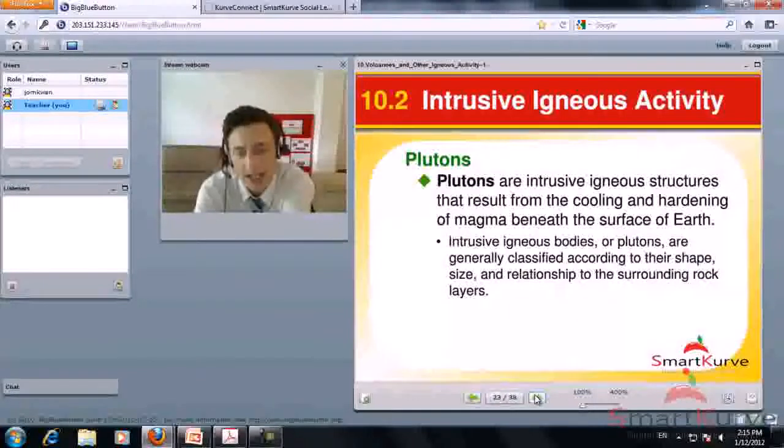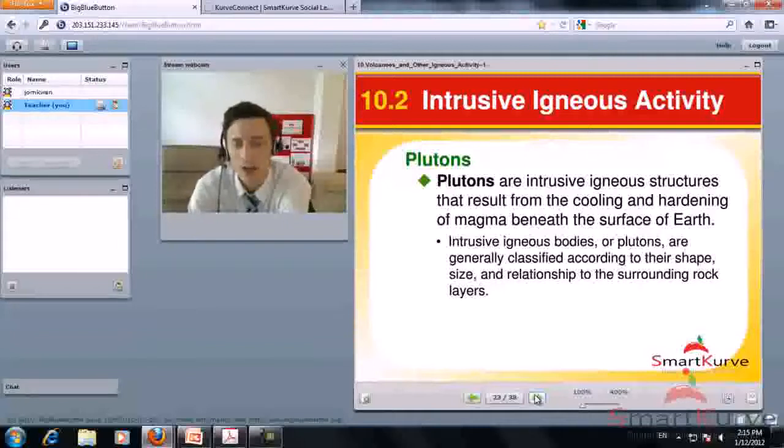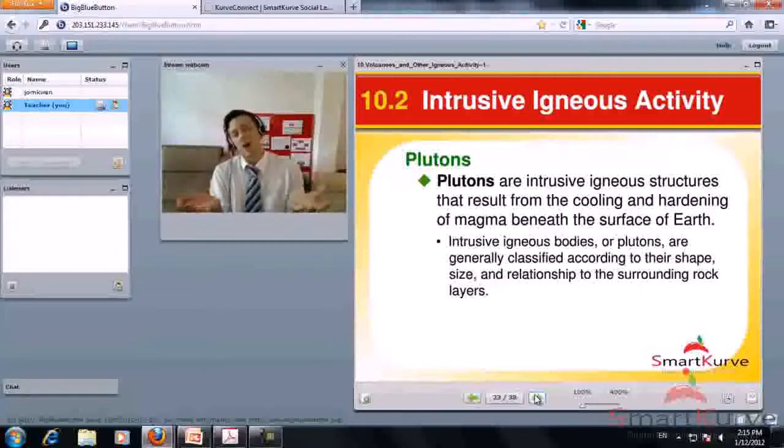The next, plutons. We're going to talk about plutons for the next several slides here. There are many different types of plutons. Plutons are intrusive igneous structures. Remember from our unit on rocks, when we talked about igneous rocks for the first time, we learned that we broke our igneous rocks down into intrusive and extrusive.